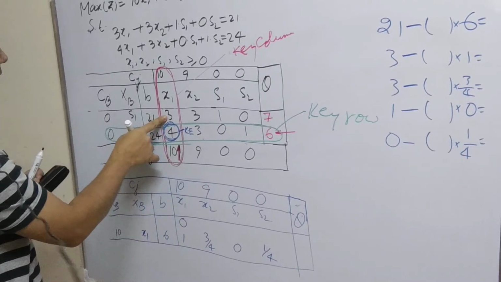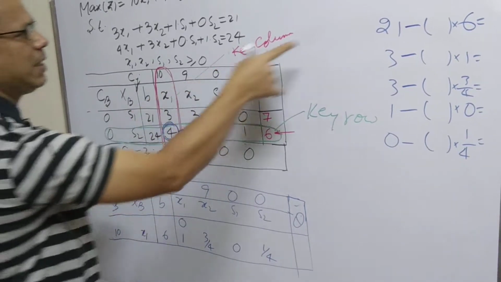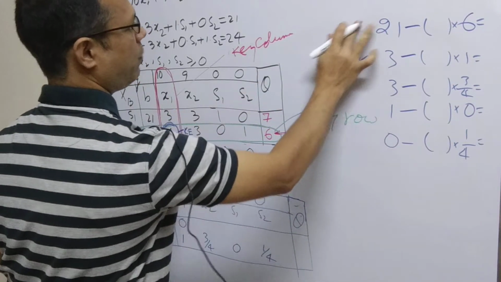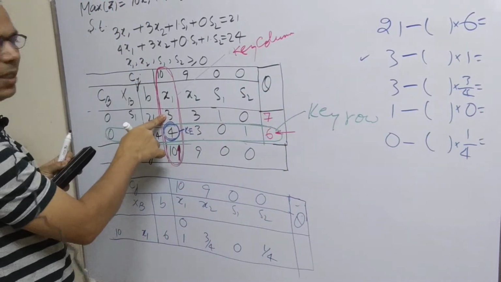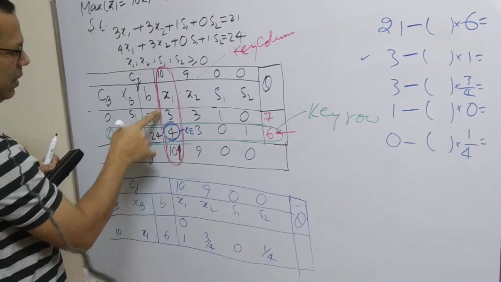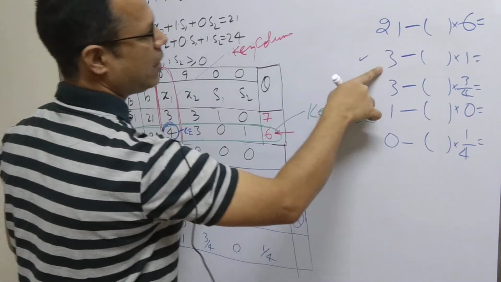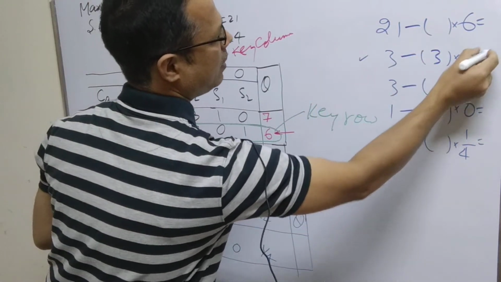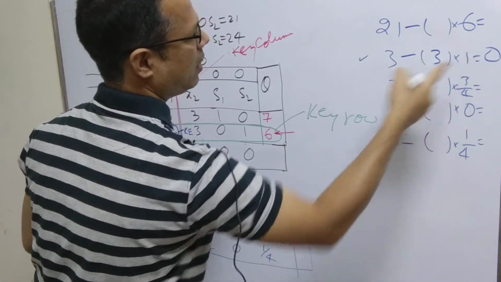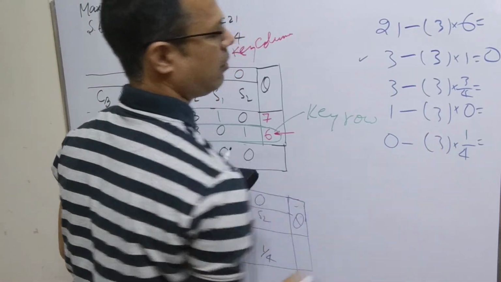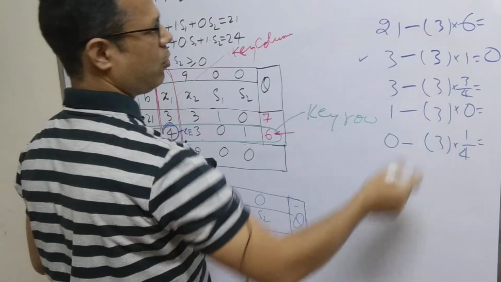At the position of 3. It means now 21 is considered the first one, and 3 is considered the second one. So we are going to make changes in this position, because zero is going to come at the position of 3. We already have 3. If we put 3 here, it is going to give 0, because 3 minus 3 is 0. So we need to put this 3 in all these boxes. This is the constant value.